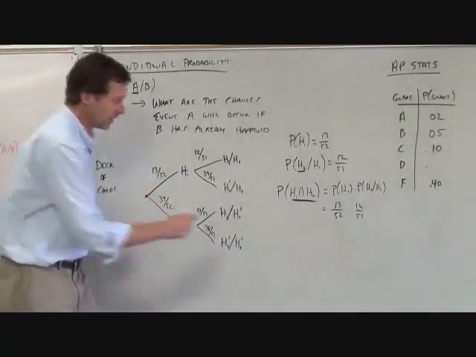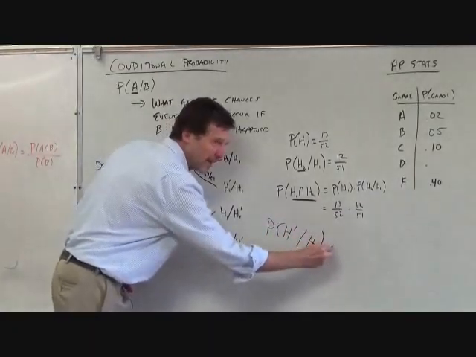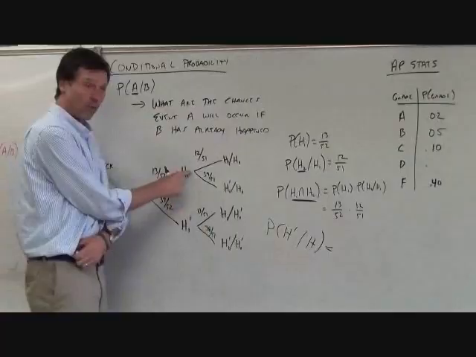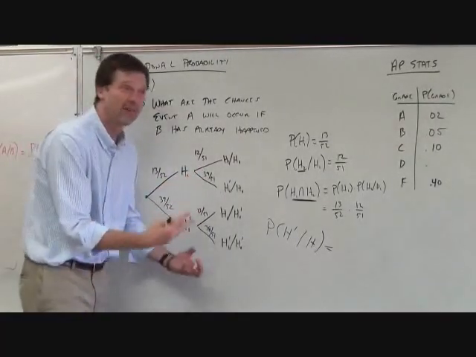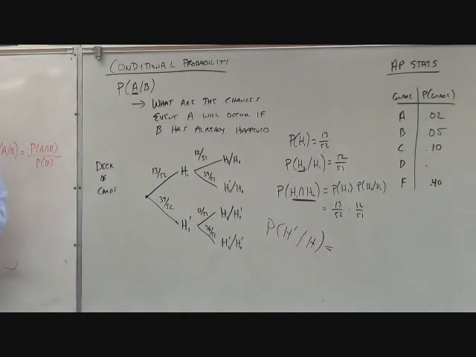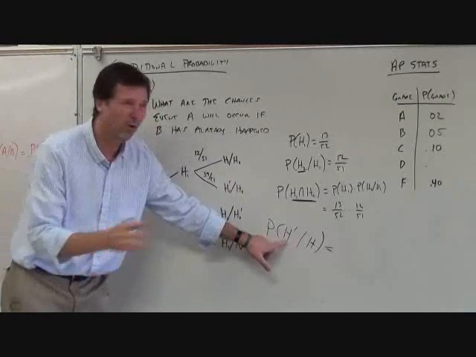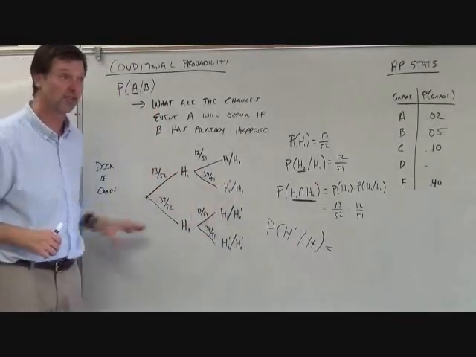If I ask the question, what's the probability that I don't get a heart given I got one the first time? I start right here. Now I know I have 51 cards left, but aren't there 39 of them that are not hearts? Again, if I'm just finding this, there's no multiplying to do. I'm not multiplying my way down a tree. I'm just finding the probability of one event given this has already happened.